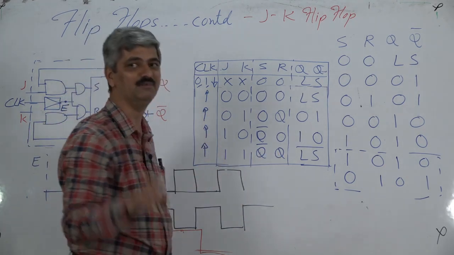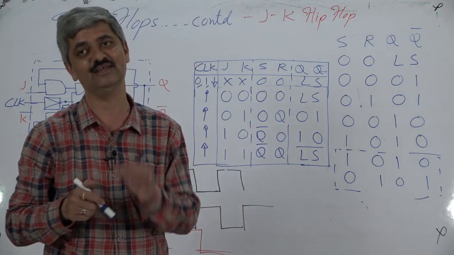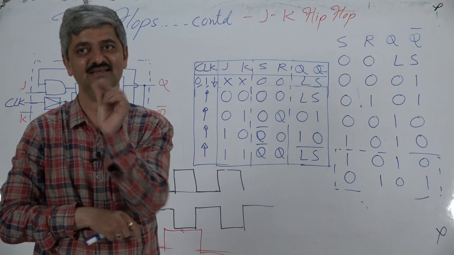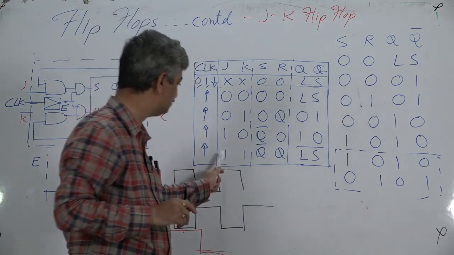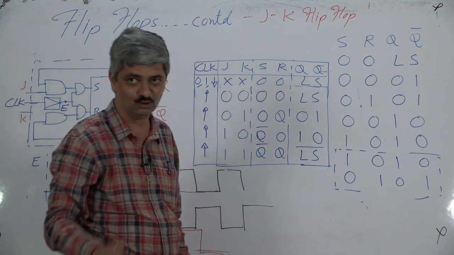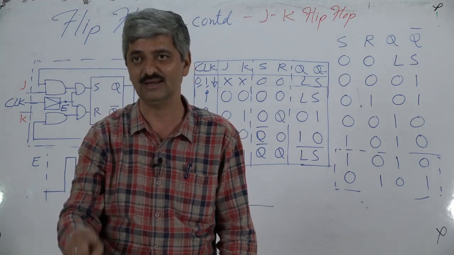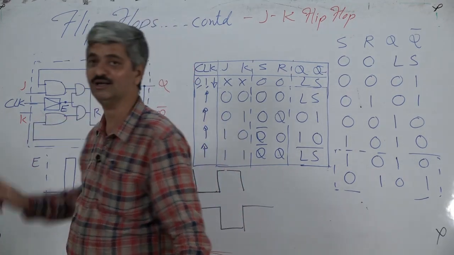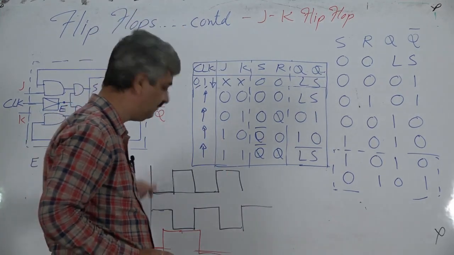But still the problem is not solved because the clock circuit block will give me a 10 nanosecond pulse. For these 3 cases, no problem. But for the case when J equal to 1, K equal to 1, and I give a clock, it makes E 1 for 10 nanoseconds. So, for 10 nanoseconds, toggling will continue.